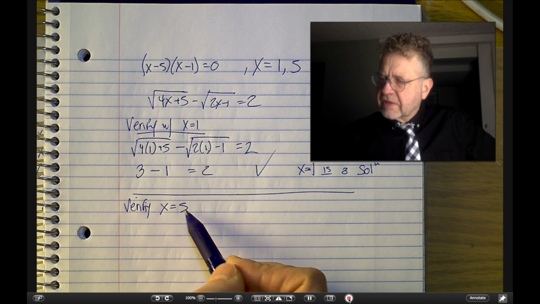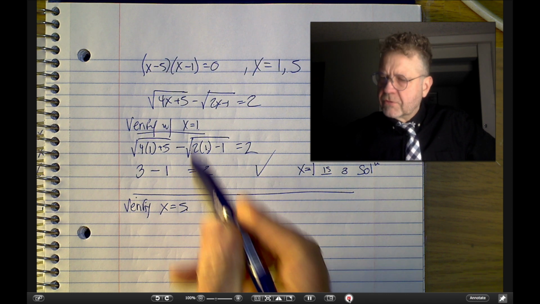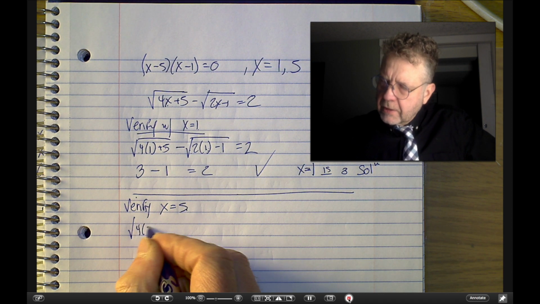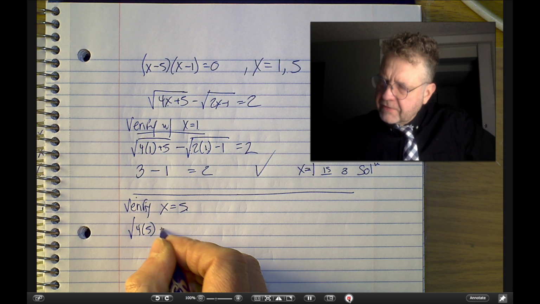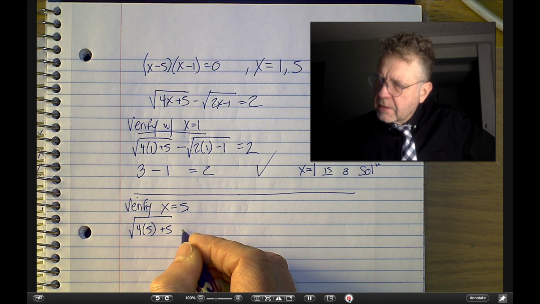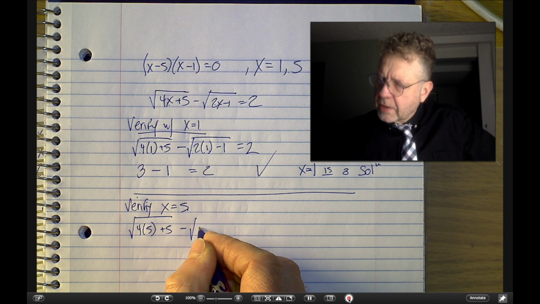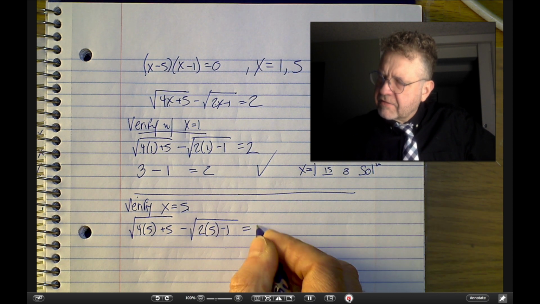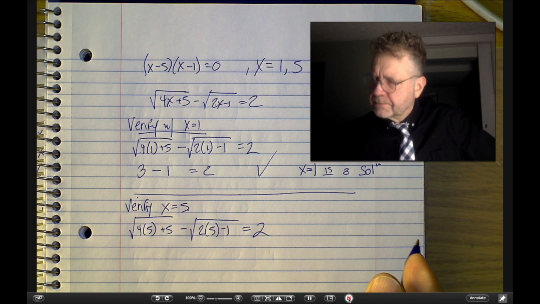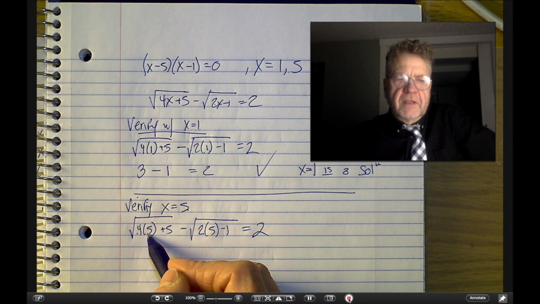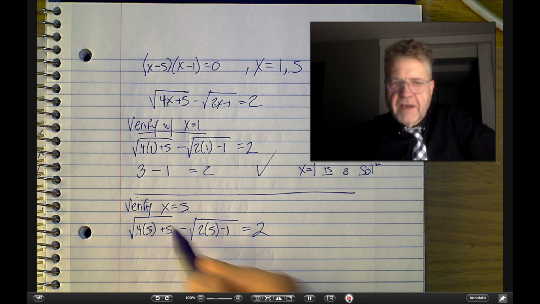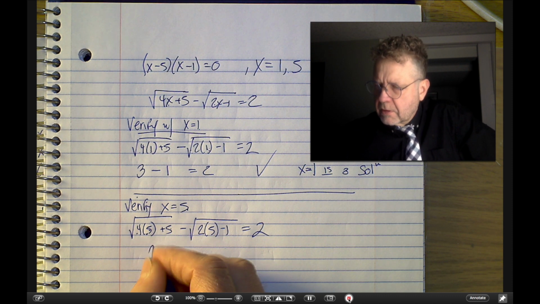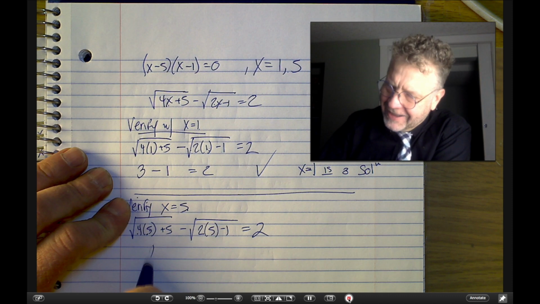And all we're going to do is substitute that 5 back into the original that we had here. So we're going to get 4 times 5 plus 5, minus the square root of 2 times 5 minus 1, and see if it equals the right side, which is 2. Well, 4 times 5 is 20. 20 plus 5 is 25, and the square root of 25 is 5.